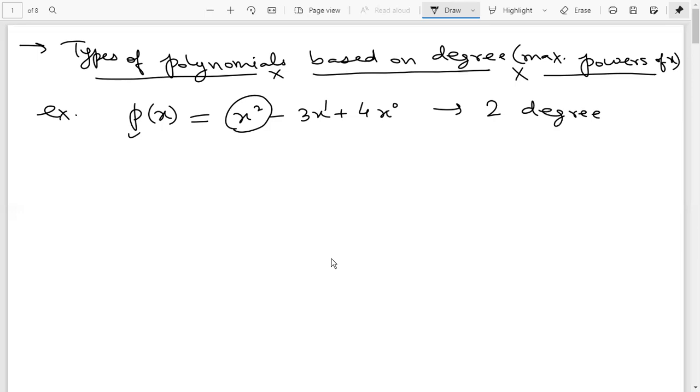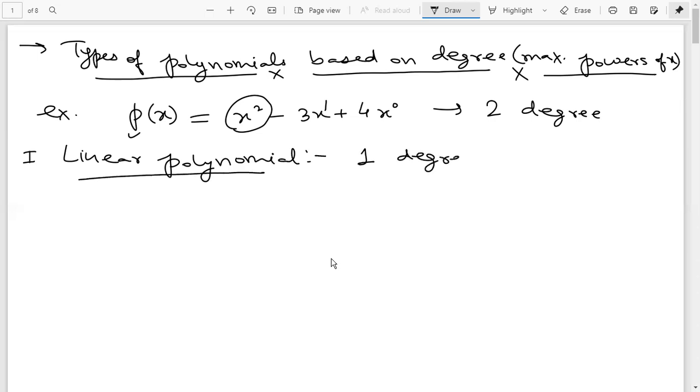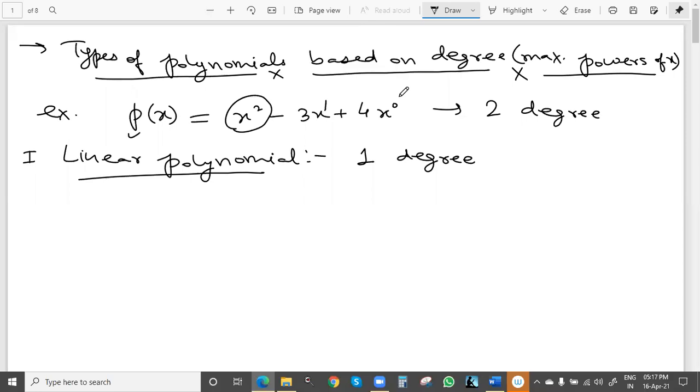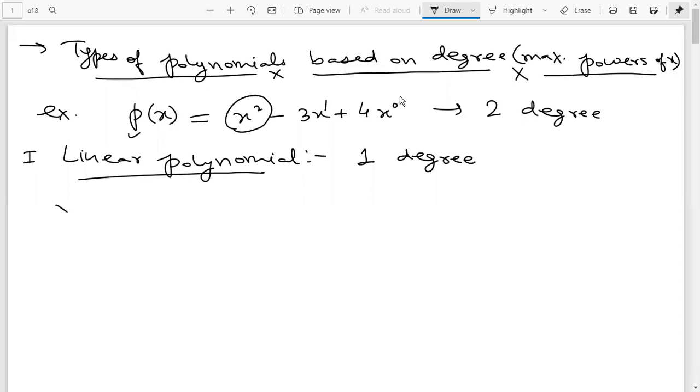Correct. So now based on degree, the first type is the linear polynomial. For a linear polynomial we have degree 1, that is, a polynomial having degree 1, or maximum power of x equal to 1. Let's see some examples.